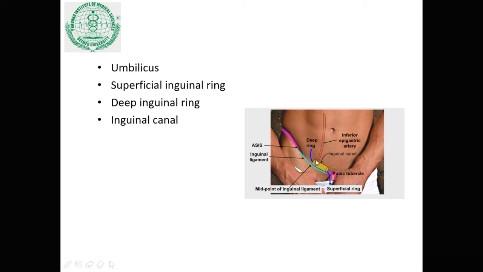So this point will be the deep ring. Then put a point just above the pubic tubercle. Here lies the superficial inguinal ring. And by joining the deep and the superficial rings, this is the inguinal canal, around 4 centimeters in length.